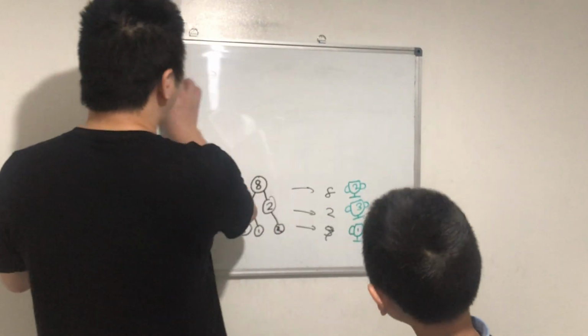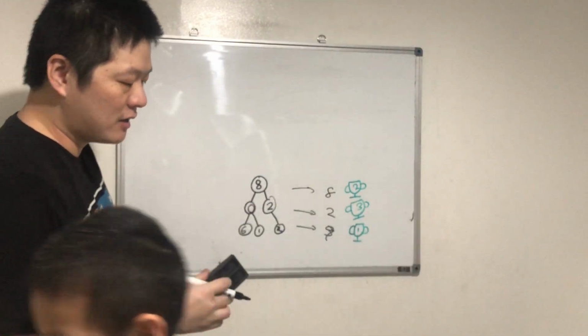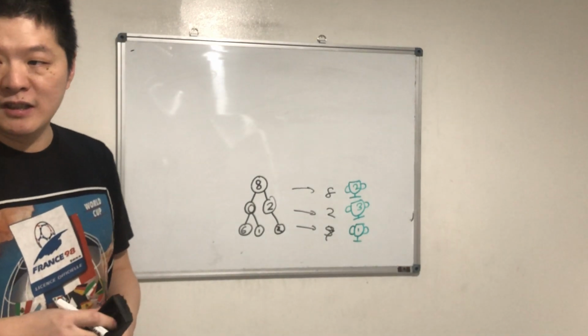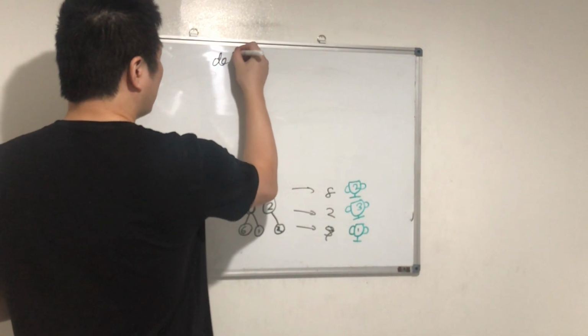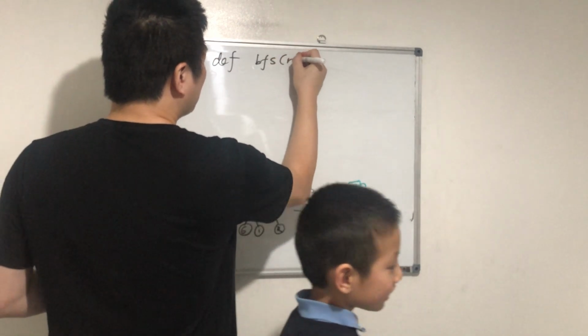Okay, so what kind of data structure are we using to implement the breadth search? Queue. Okay, let's do it. BFS root. What's missing?